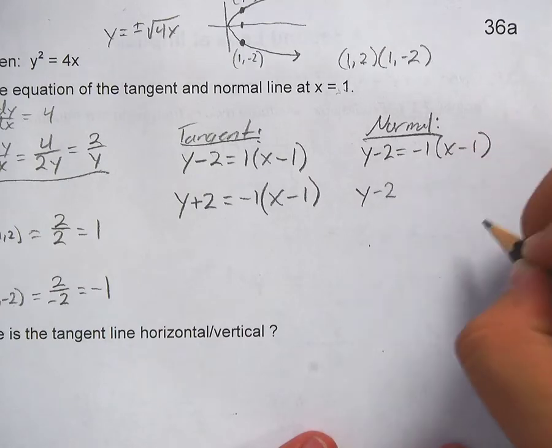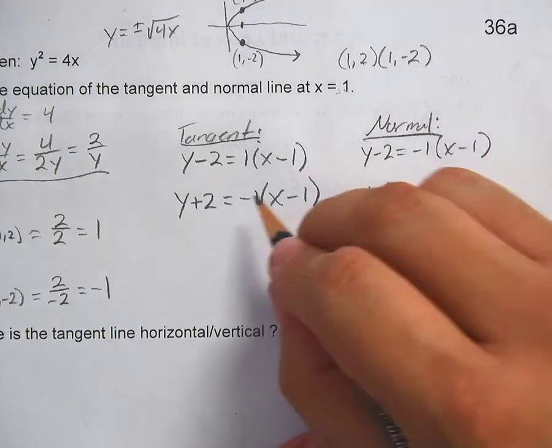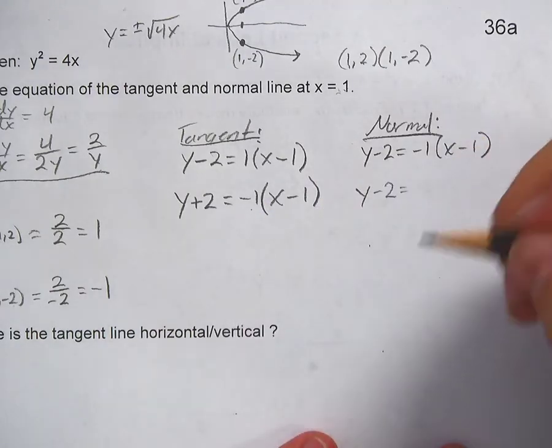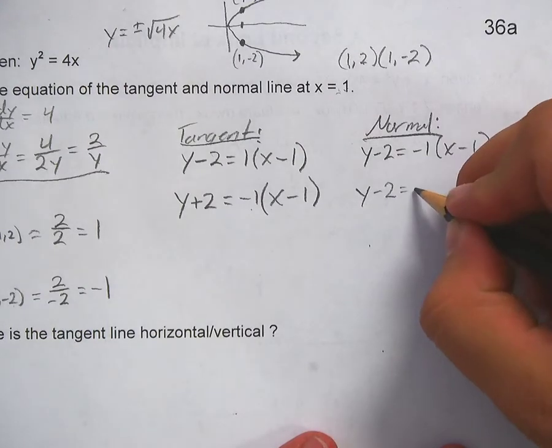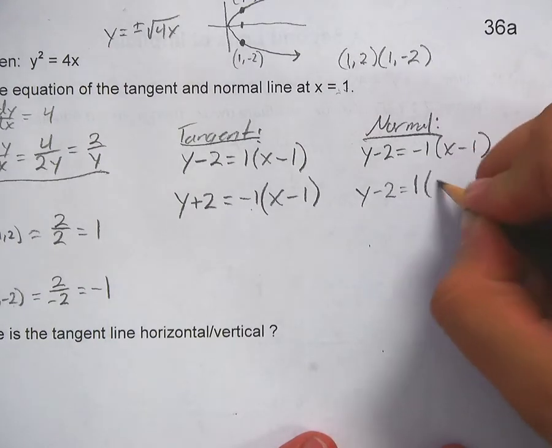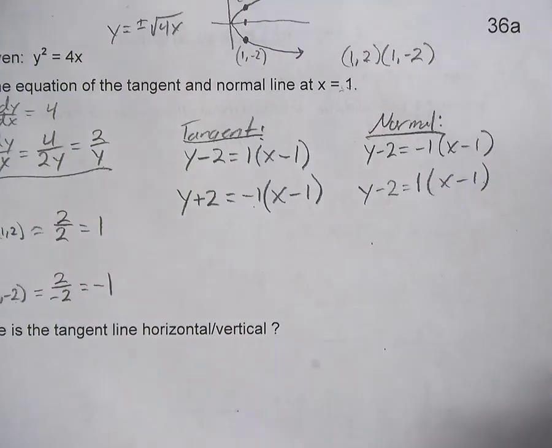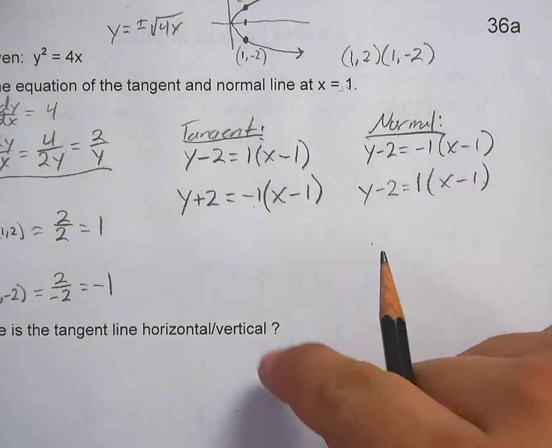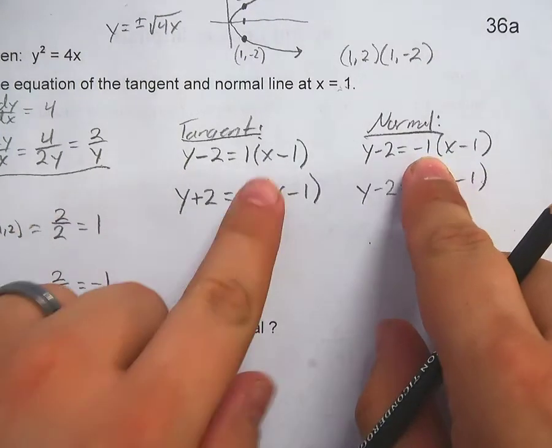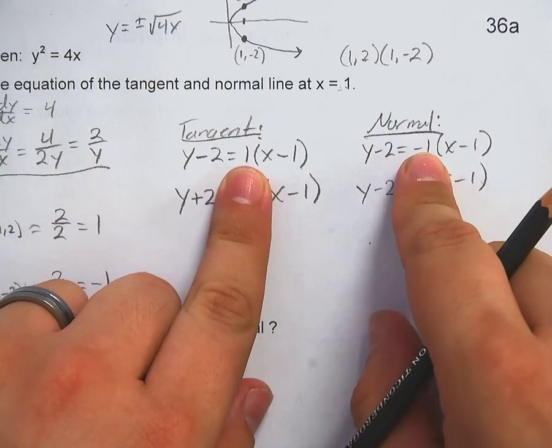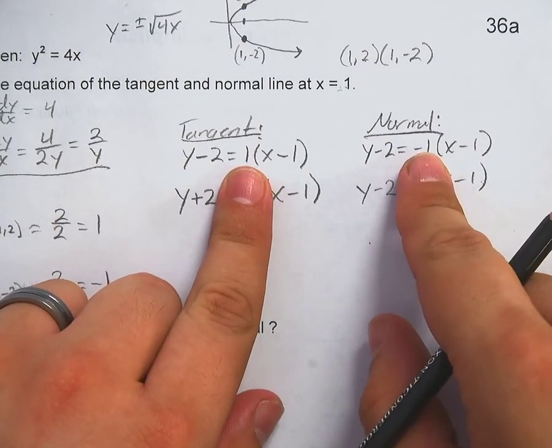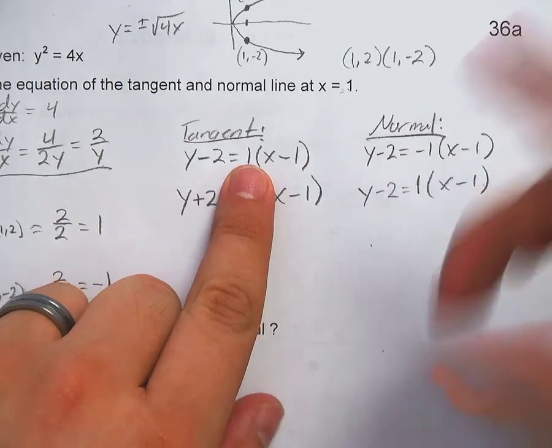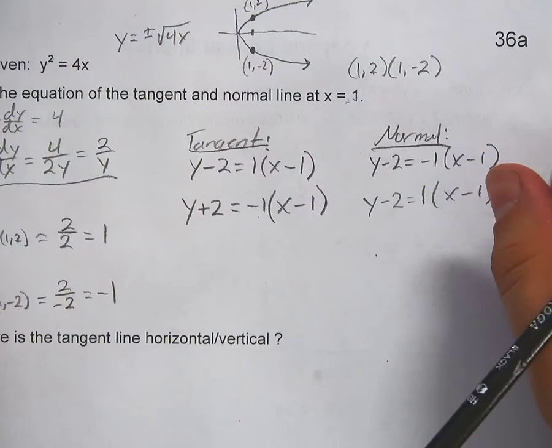So instead of a negative 1, you have a positive 1 over 1, which is 1. Not too bad. All I did is I took my 1, made it an opposite, negative 1, reciprocal, so 1 over negative 1, which is just negative 1. So that makes it pretty easy for this question anyway.